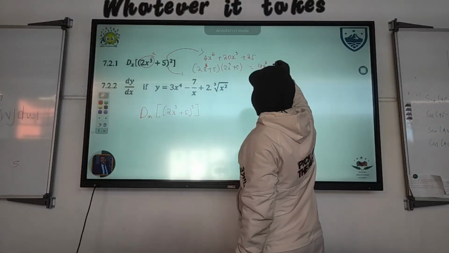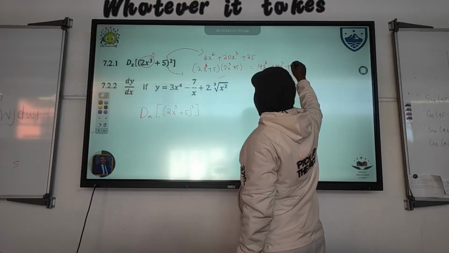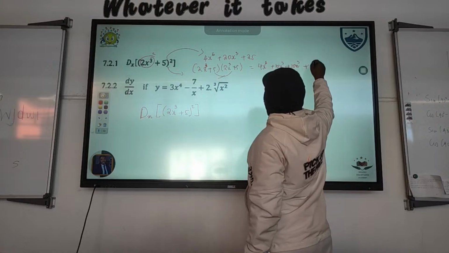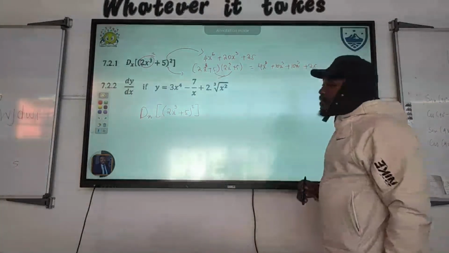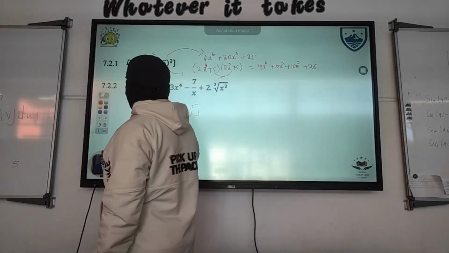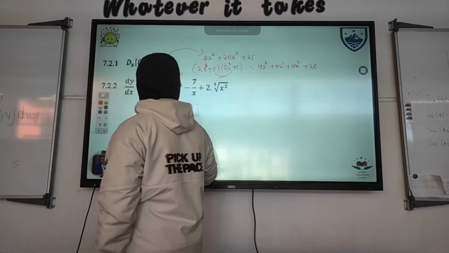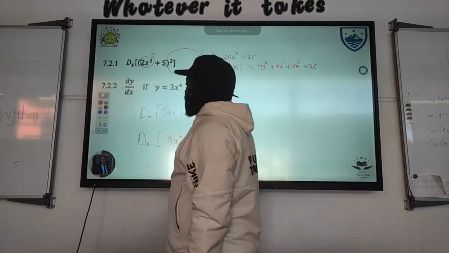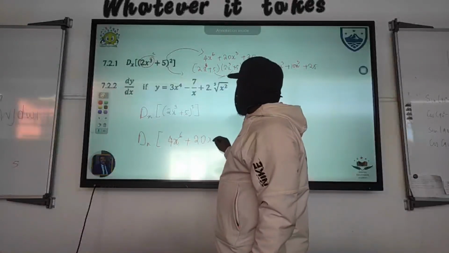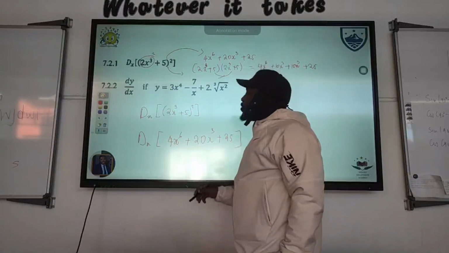This by that, it will give us 10x to the power of 3, and 10x to the power of 3. And then this will give us 25. So we finally have inside the bracket y equal to 4x to the power of 6 plus 20x to the power of 3 plus 25. Everything in exponential format.